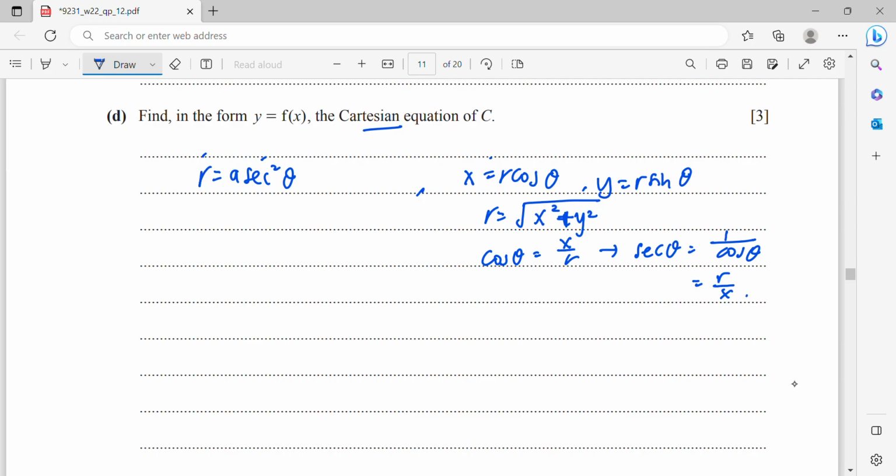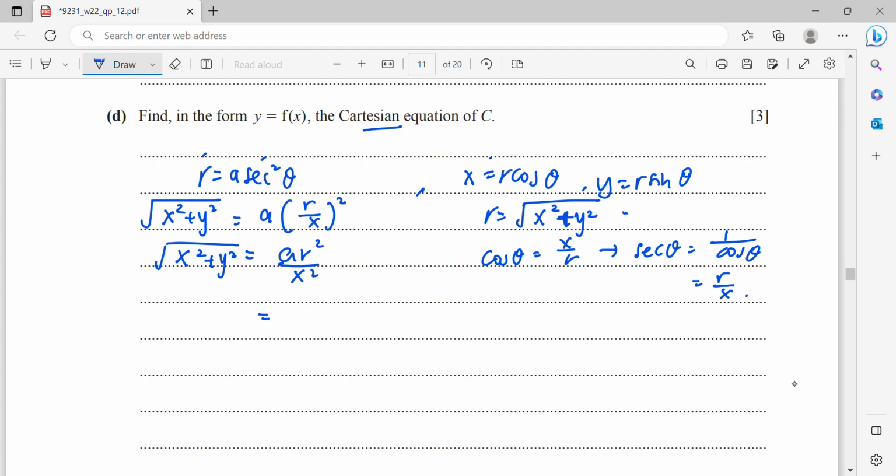So the r is the square root of x squared plus y squared, then a sec squared theta is a times r squared over x squared. The left side is the square root. Now, for the Cartesian equation, we still have the r, therefore the r must be replaced by x and y.